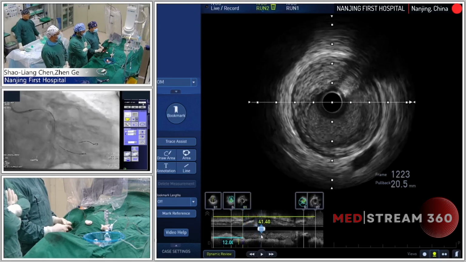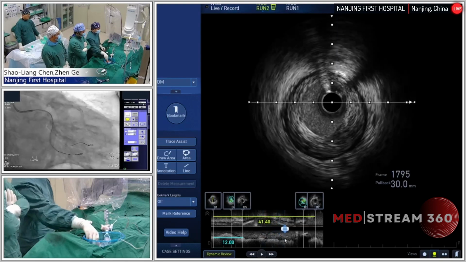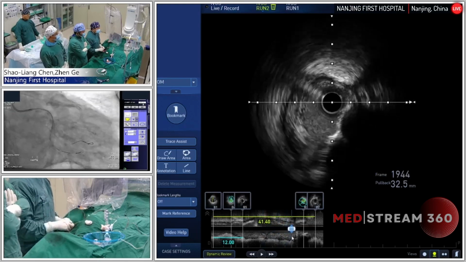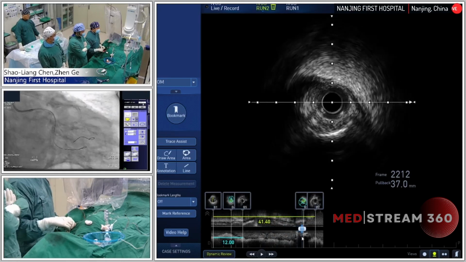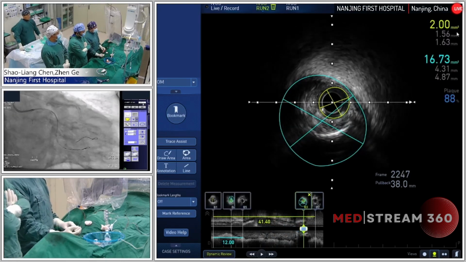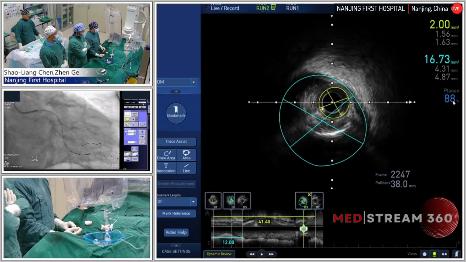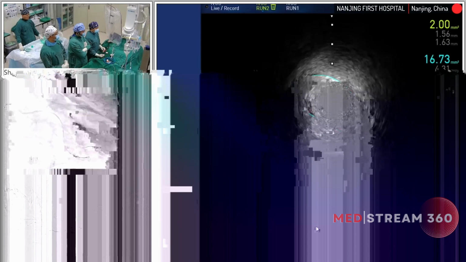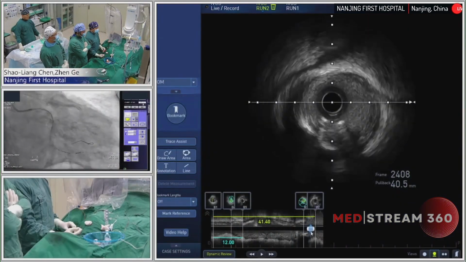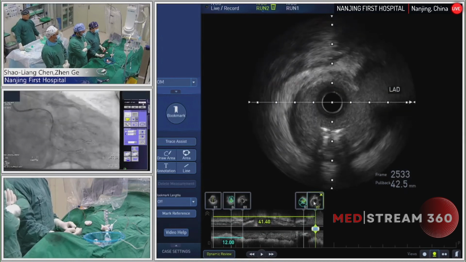This is the proximal circumflex. The plaque burden is very large. At this point, the area is about 2.0 millimeter square, and the plaque burden is more than 88%. Then going on pullback, we can see this is the ostium of circumflex.